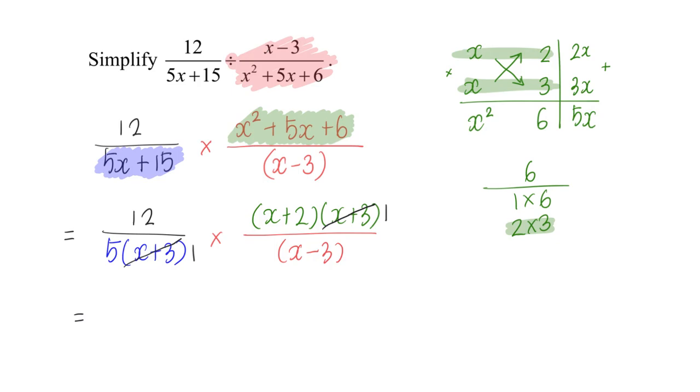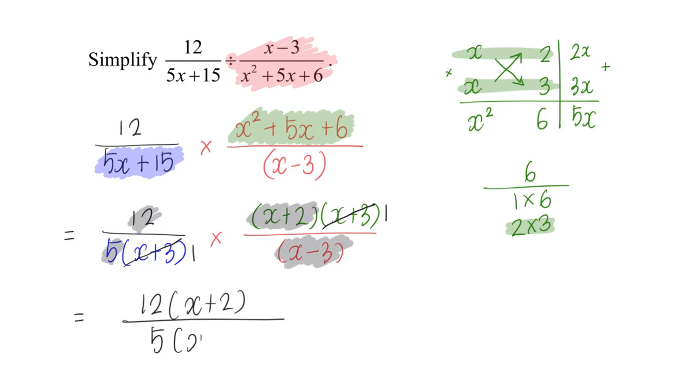This will be the answer, where I will have 12 times x plus 2 for the numerator. And for the denominator, 5 times x minus 3. And you do not have to simplify or expand the numerator or denominator. This will be the final answer.